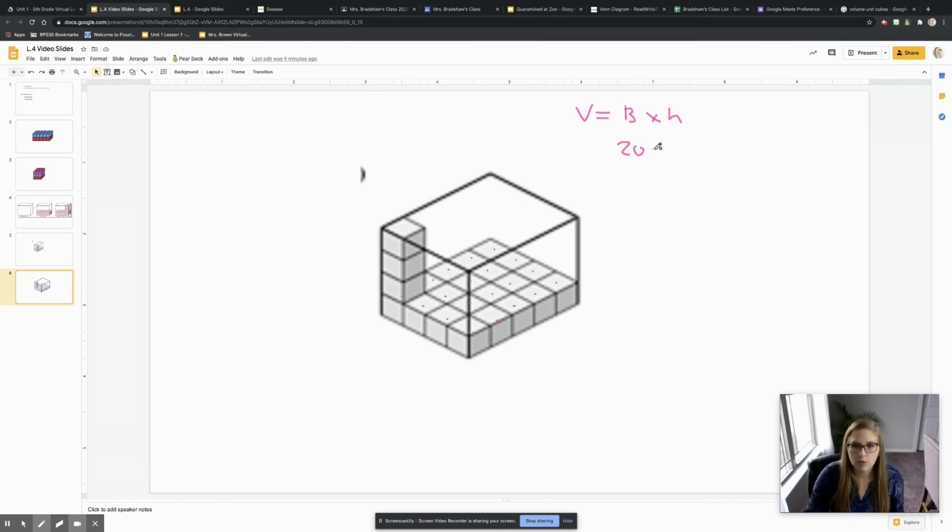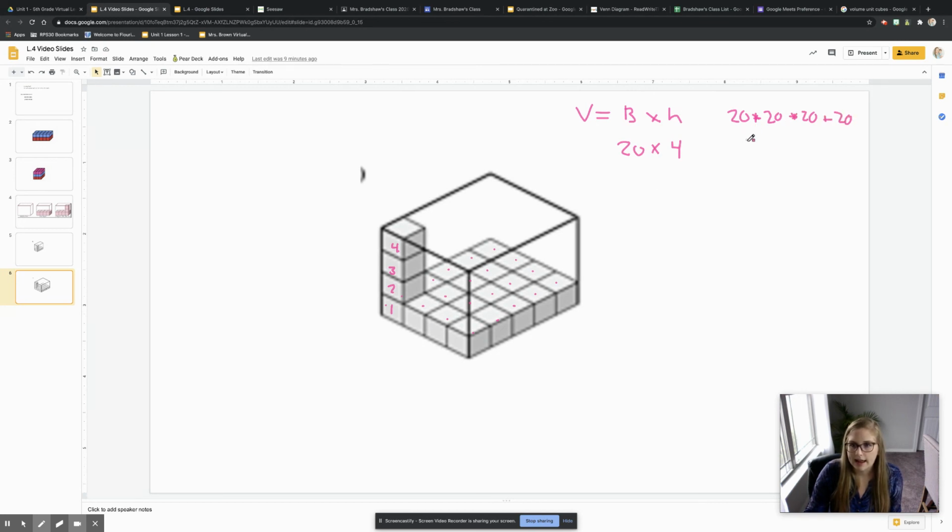So I have 20 times how many total layers? Well, I have my base layer, 1, 2, 3, 4 cubes high. So 20 times 4. So this is saying the same thing as 20 plus 20 plus 20 plus 20.